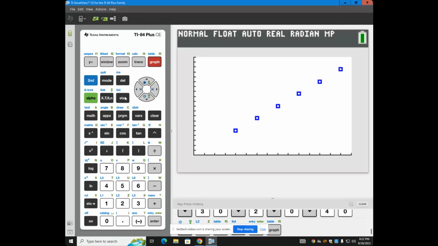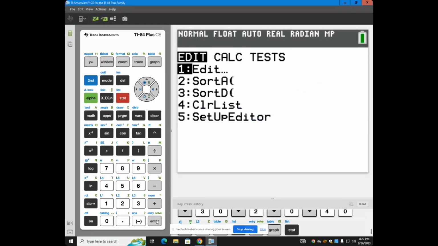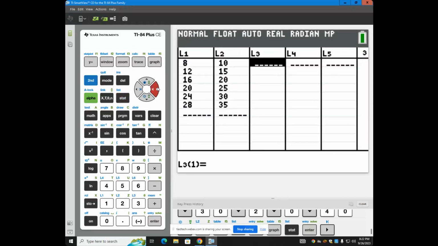Okay. So one of the things I love about lists is if we go back to the list feature, we want to go over to L3, and we want L3 to actually calculate much like an Excel spreadsheet. Okay, so I'm going to move my up arrow till I'm on L3, and we really want to think about what is the multiplying factor?